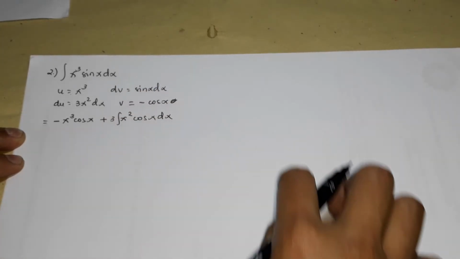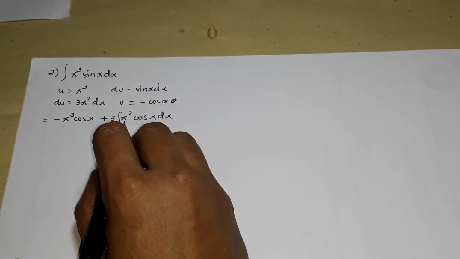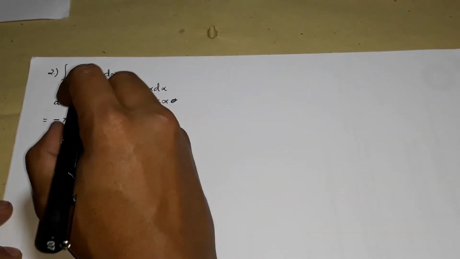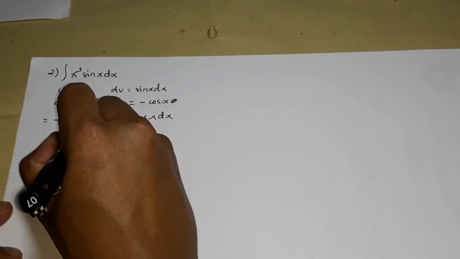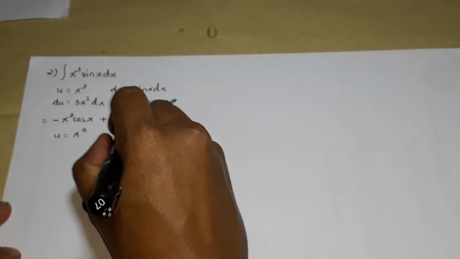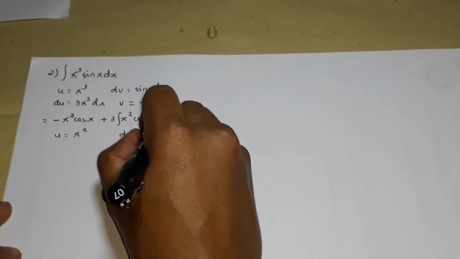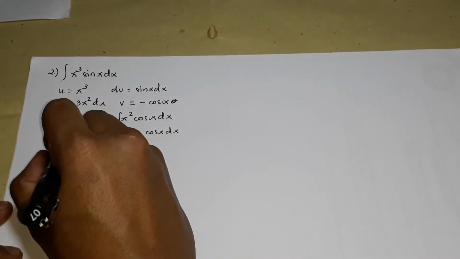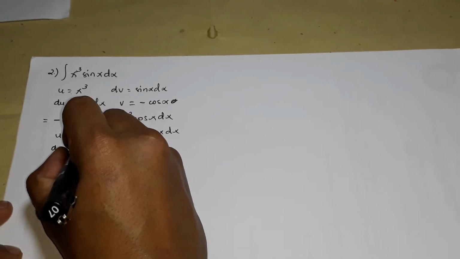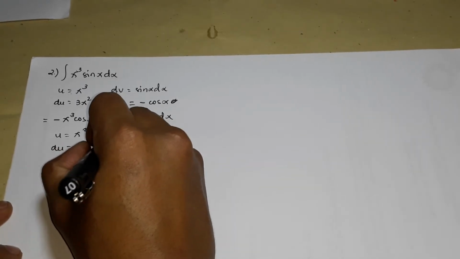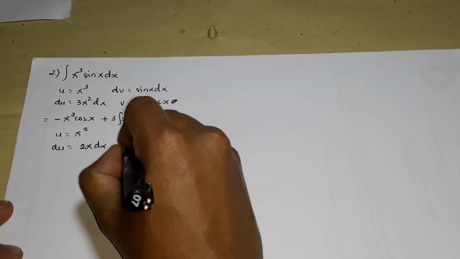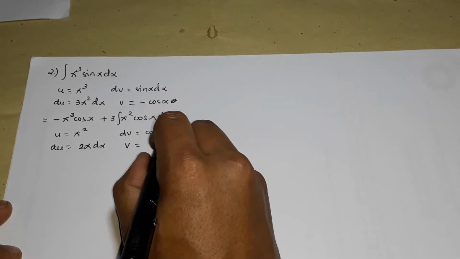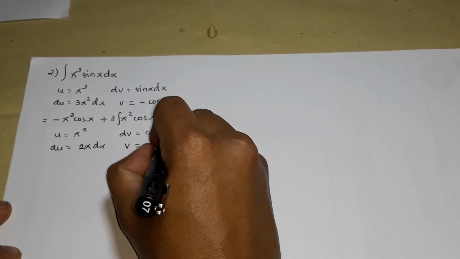Again, for the second time, we notice that the integral part still contains x squared and cosine x. So we take again u equals x squared, and dv is cosine x dx. Again, you differentiate, du is 2x dx, and then you integrate dv, that's v, and the integral of cosine x dx is positive sine x.